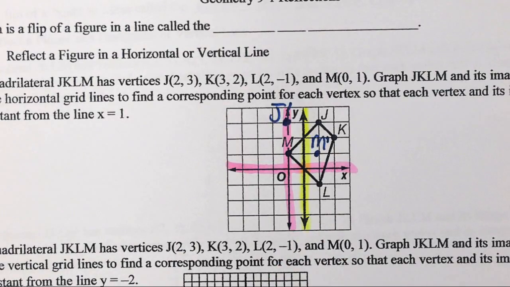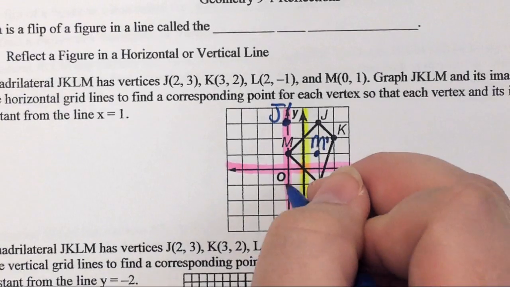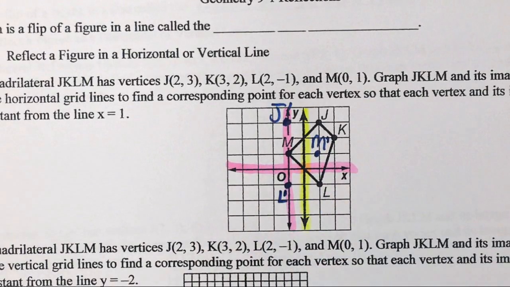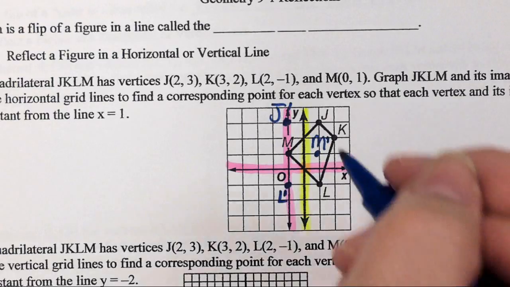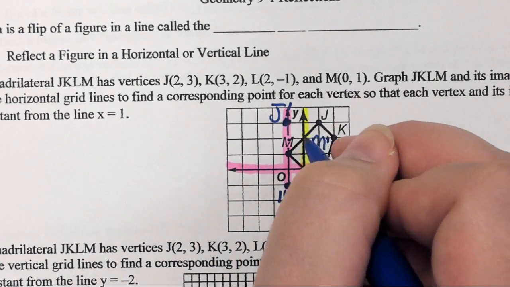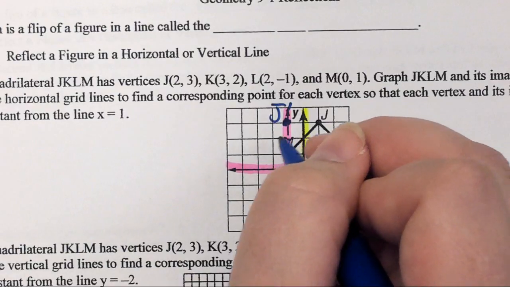I go down to L. L was one to the right, so my new L is one to the left. And I can't forget about K, because I've done J, L, and M. Yeah, I gotta do K. K was 1, 2 to the right, so I need to go 1, 2 to the left.